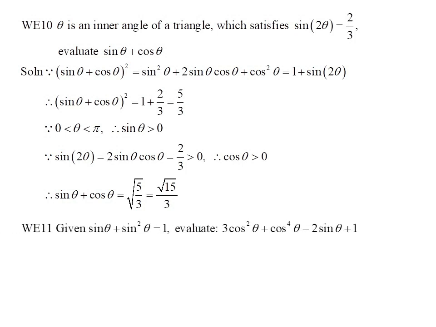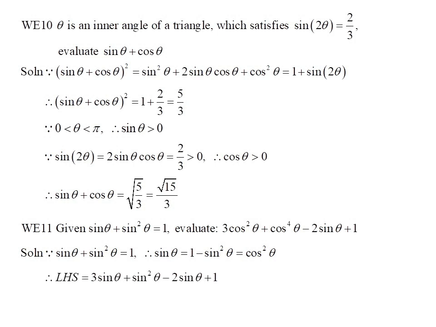Example 11 is to evaluate a trigonometry expression of 3 cosine squared theta plus cosine to the fourth theta minus 2 sine theta plus 1, given that sine theta plus sine squared theta equals 1. Since sine theta plus sine squared theta equals 1, sine theta equals 1 minus sine squared theta, which equals cosine squared theta.